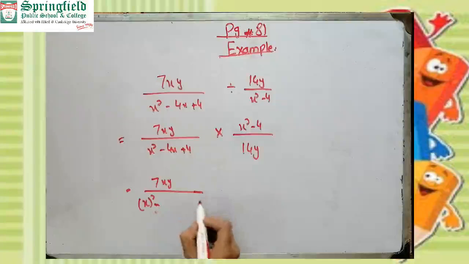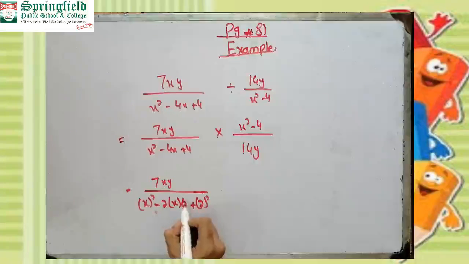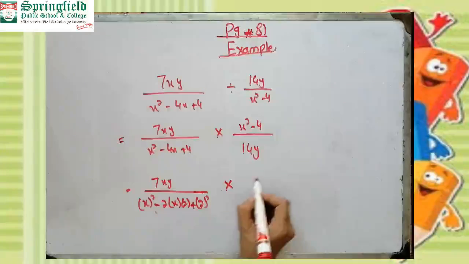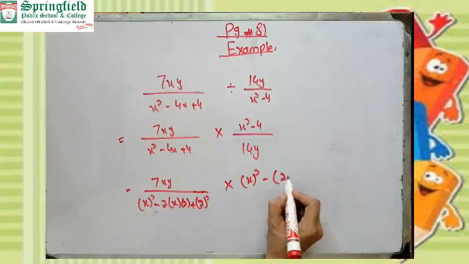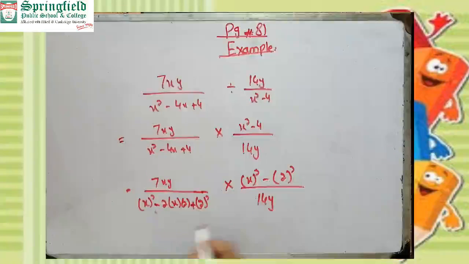Okay. Now, 7xy divided by a square minus 2ab plus b square.